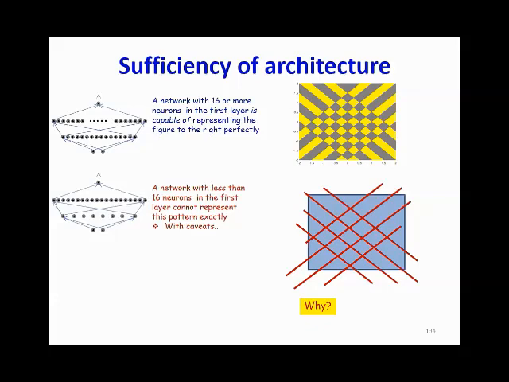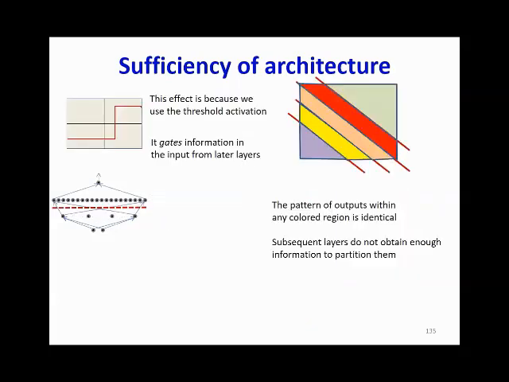And if you go below the minimal width, the function that you're trying to model may not be modelable. The pattern you're trying to detect may not be recoverable. But there's a caveat here. And what is the caveat?